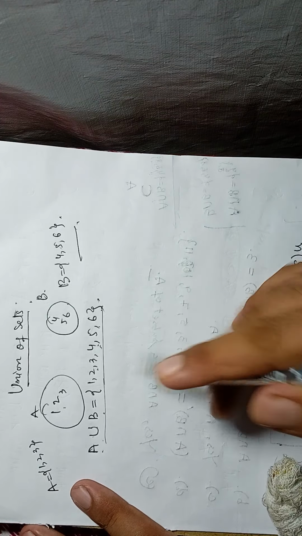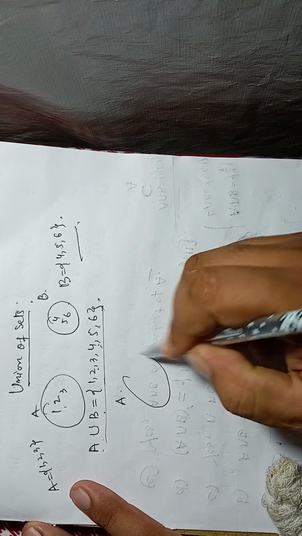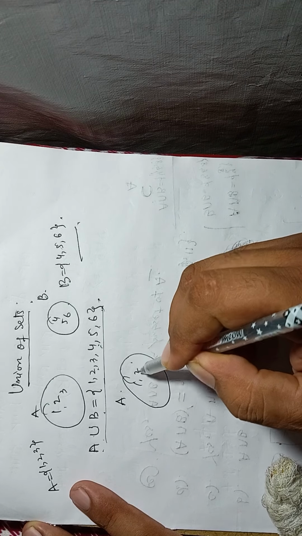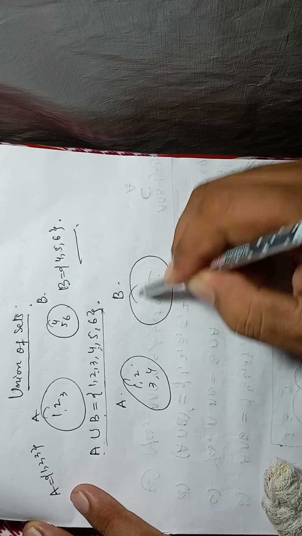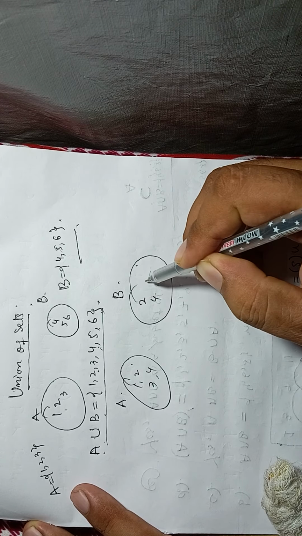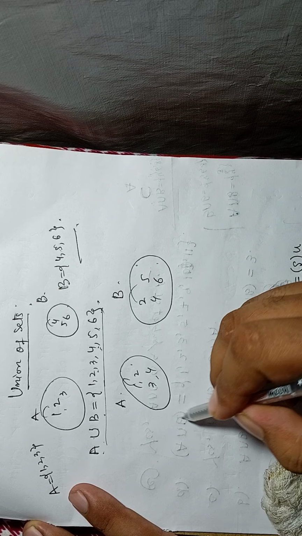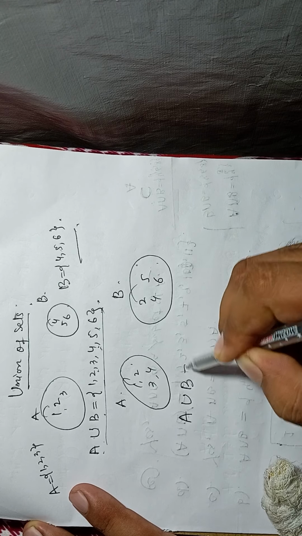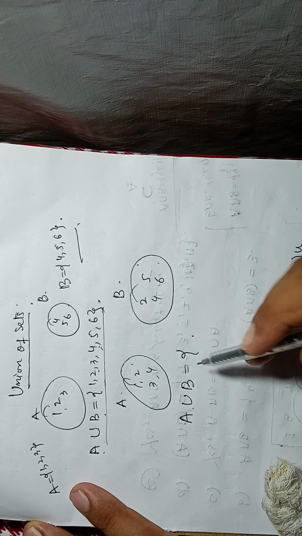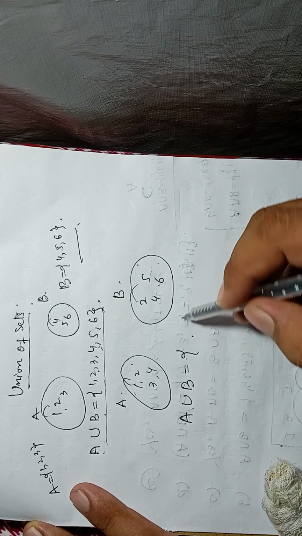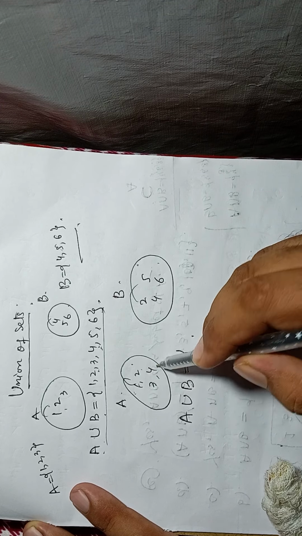Now for example, if I have the set A, in this set A I have 1, 2, 3, 4, and here I have set B. In this set B I have 2, 4, 5, 6. Now here what is A union B? We know from the above example that A union B is all the elements of A and B. So I can write 1, 2, 3, 4.